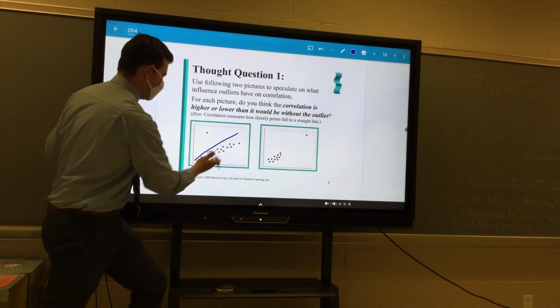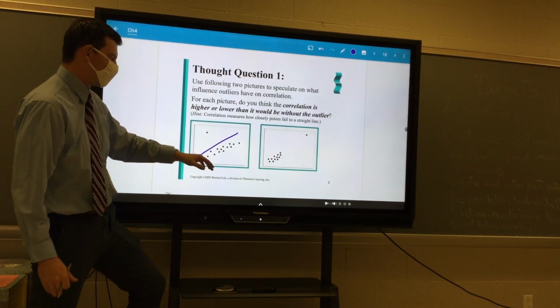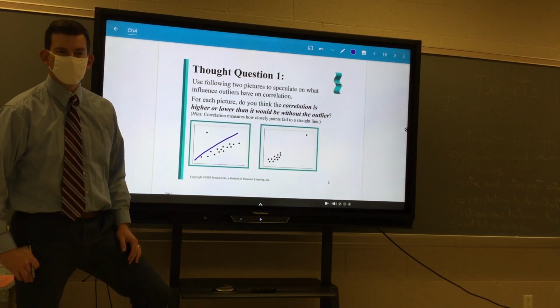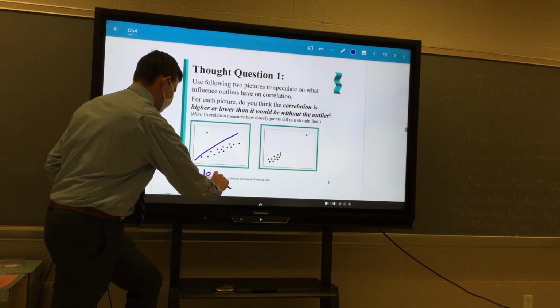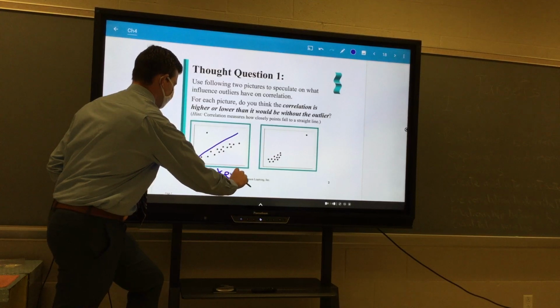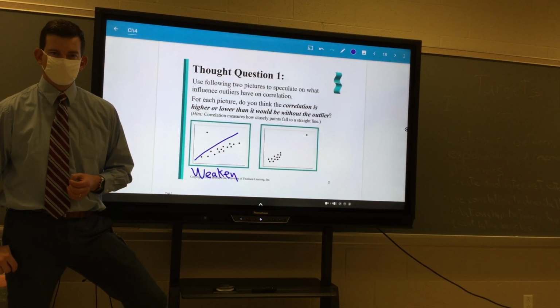It had been a pretty good fit before, but now it's pulling that line of best fit towards the outlier, not hitting many of those points at all. This is weakening this correlation. We say that this is inconsistent with the rest of the data.